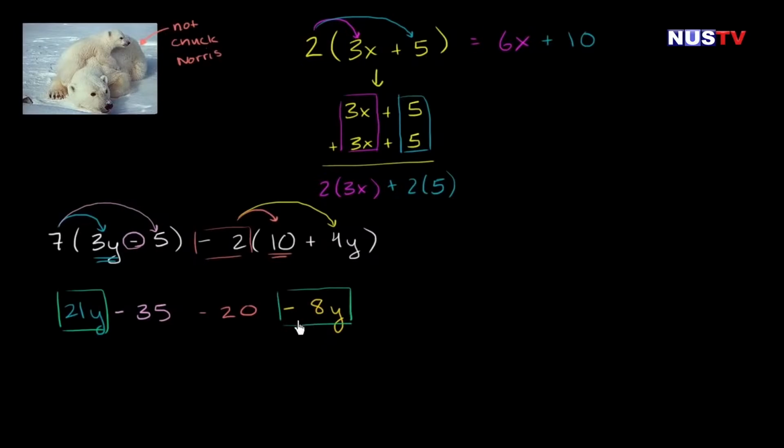If I have 21 of something and I take 8 of them away, I'm left with 13 of that something. So those simplify to 13y's. And then I have negative 35 minus 20, which simplifies to negative 55. So this whole thing simplified using a little bit of the distributive property and combining like terms. We got to 13y minus 55.